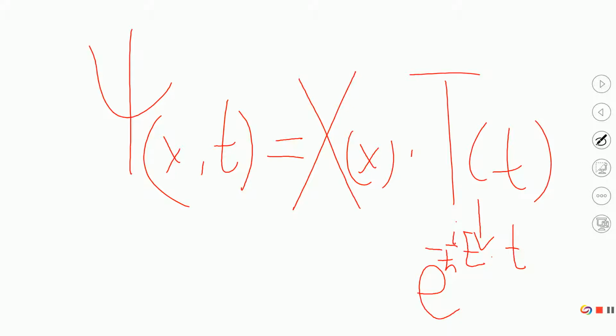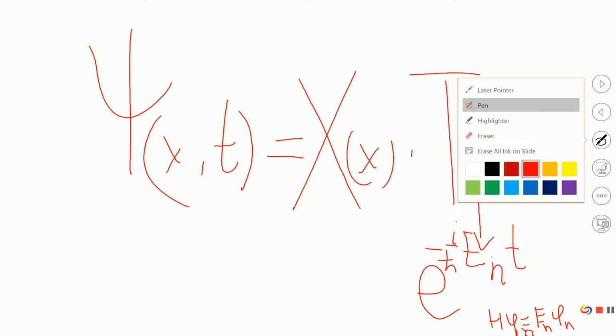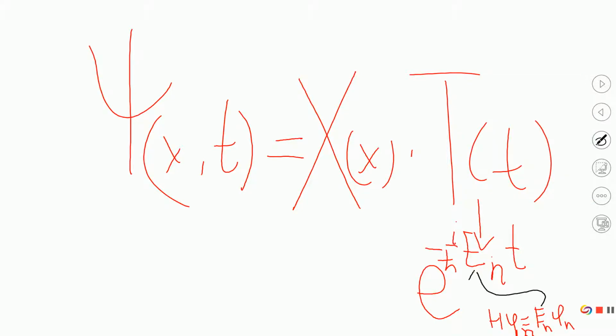It is energy. The energy that comes out of the Schrödinger equation enters the time part of this factorization. Okay? So from H phi equals E phi, put it here, and this energy goes right into this oscillating factor.